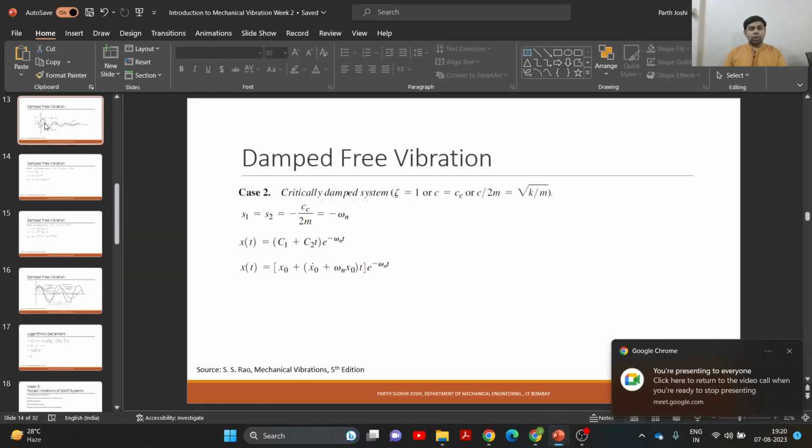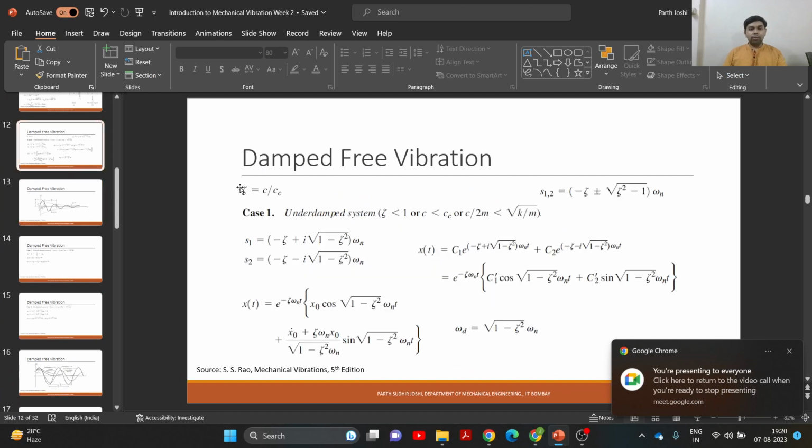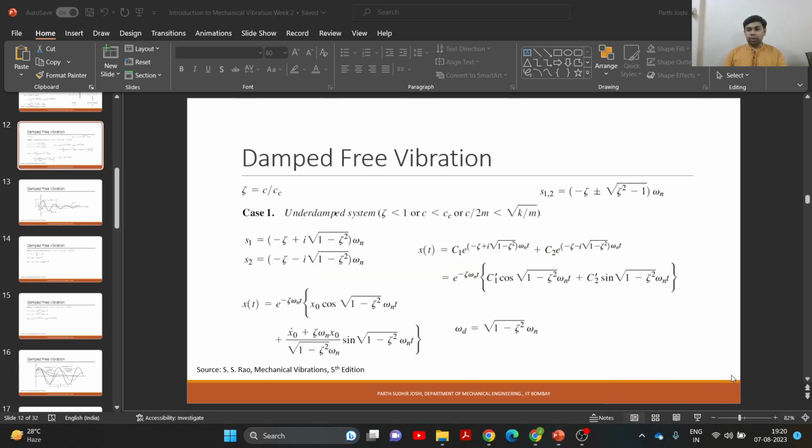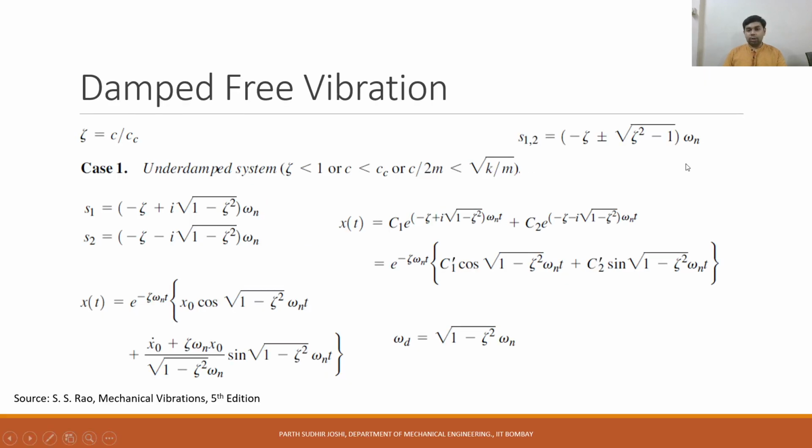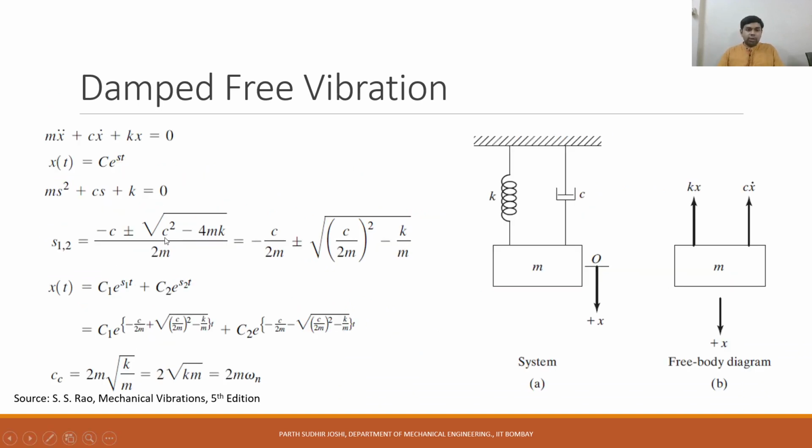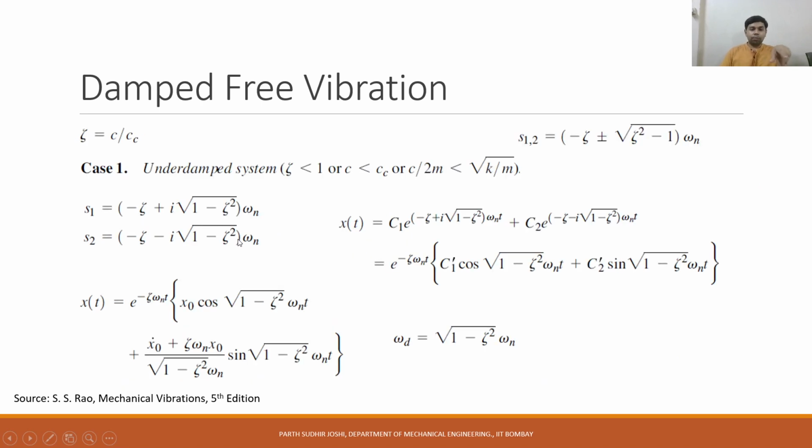So in case of underdamped systems, we get that zeta is less than 1. Then this part, c square minus 4km, will actually be negative. So the root of a negative number, we call it i into root of 4mk minus c square.